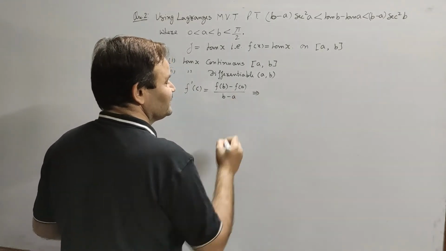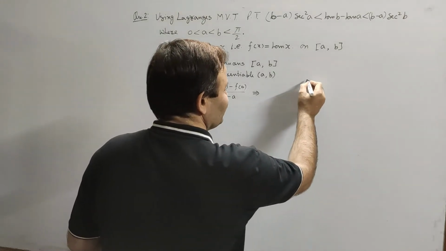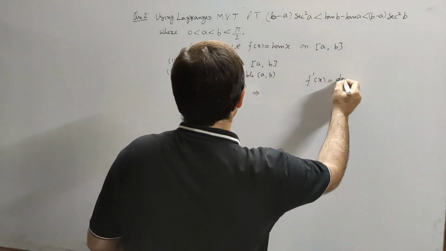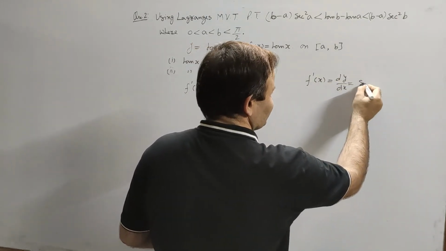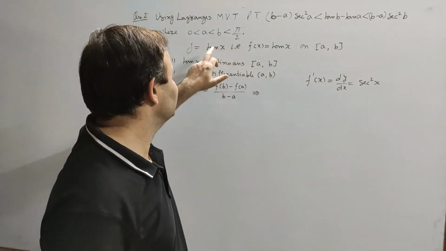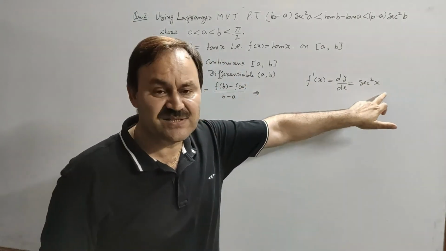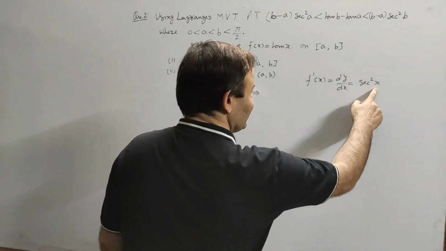This implies, what is f dash c? First we will have to find f dash x. f dash x means dy by dx, and dy by dx will be sec square x, because the differentiation of tan x with respect to x is sec square x.